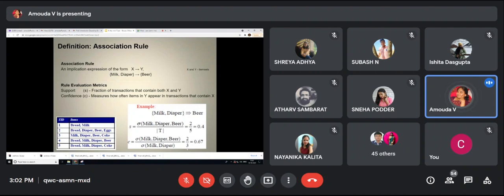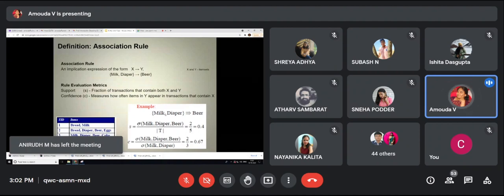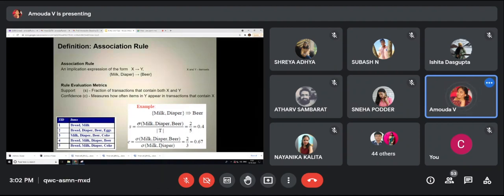So the support count of milk and diaper is 3. Y, milk, diaper and beer together, appears 2 times. So it is 2 divided by 3, which is 0.67.